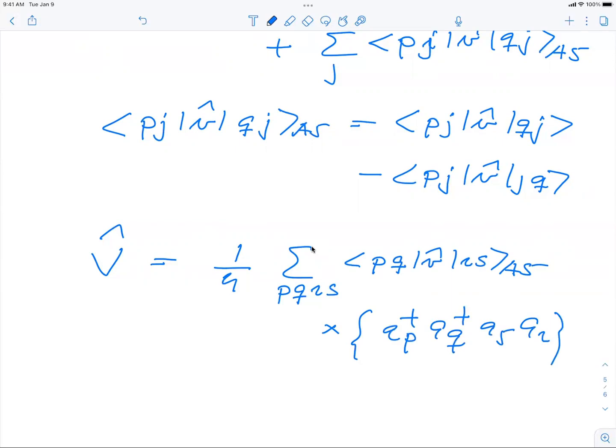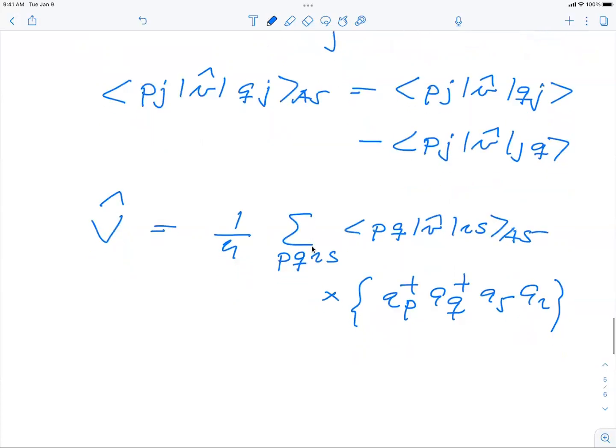Now, in many textbooks, you will often see that people drop this AS symbol, and then you have to deduce from the context whether they are defining anti-symmetrized matrix elements or not, because if it's not, then you have a factor of 1/2. If you see a factor of 1/4, it's an anti-symmetrized matrix element, as we derived, I think, 2 weeks ago. So these matrix elements here have a specific symmetry as well.